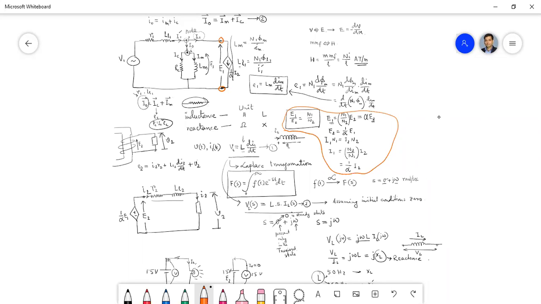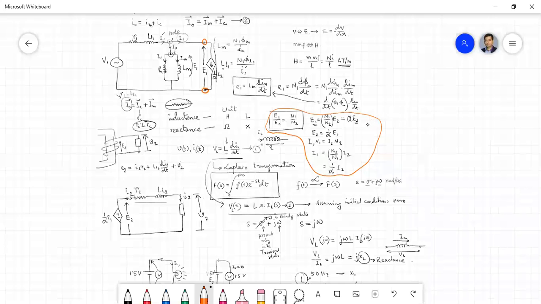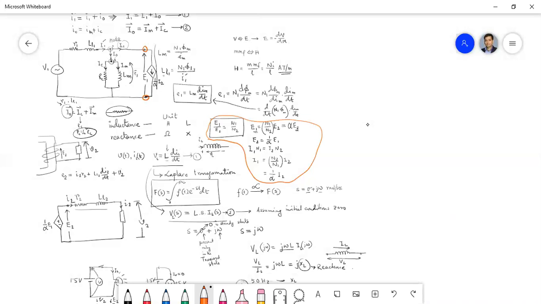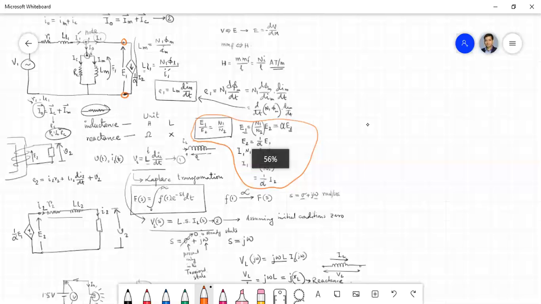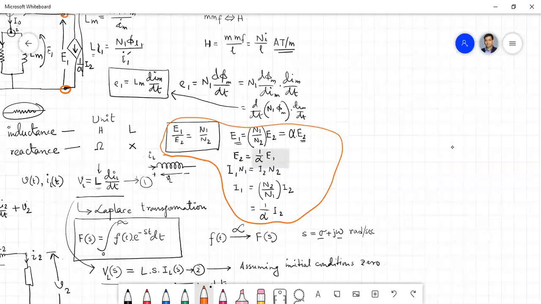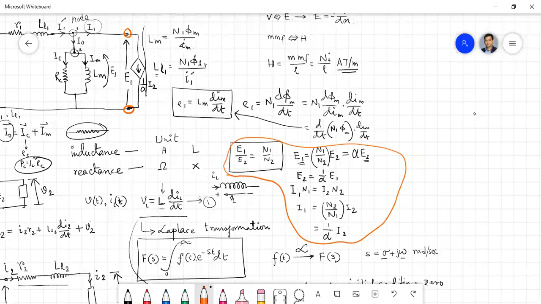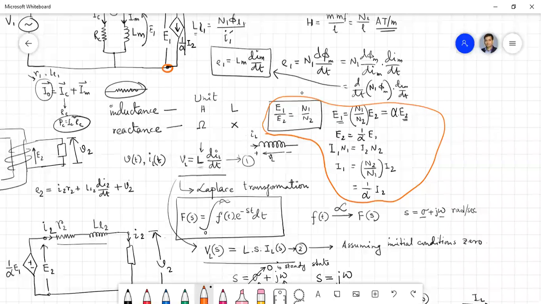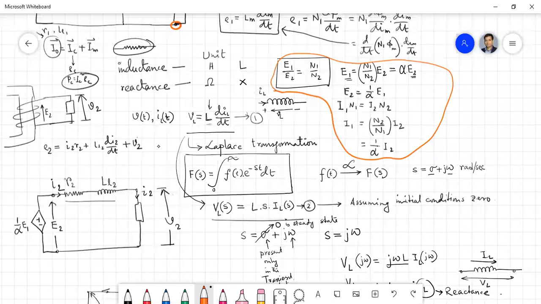The problem is clear. We have two circuits, and from these two we have to make one. Is that clear? Now, what is the problem in connecting these two circuits? For the primary, at the output you have E1 voltage, and here at the input you have E2 voltage.